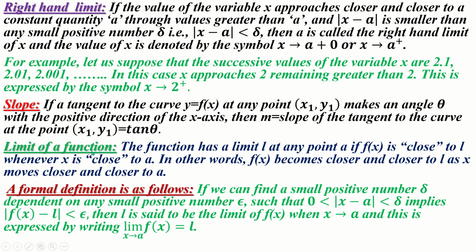So for limit of a function, there are two kinds of limit: left hand limit of function and right hand limit of function. Here we use x tends to a minus for left limit, or a minus 0, or we can use another symbol. Now follow the definition.